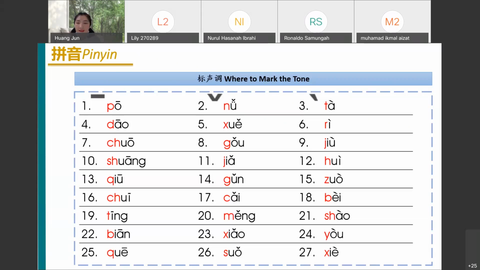Miss, what about number 14? Because there are 2 initials, right? Number 14. Okay, let me check this one, 滚.